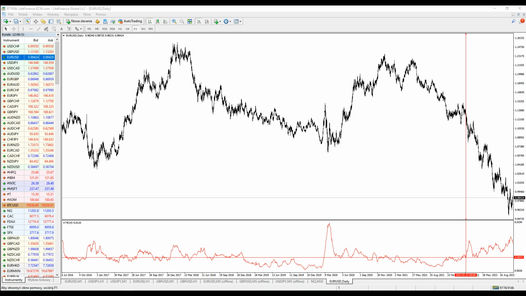All right? So what is the ATR? That's the volatility indicator, measuring price volatility over a certain period of time. It compares the current candle's highs and lows and the previous candle's close, then takes the greatest of those values and averages them out based on the arithmetic mean.